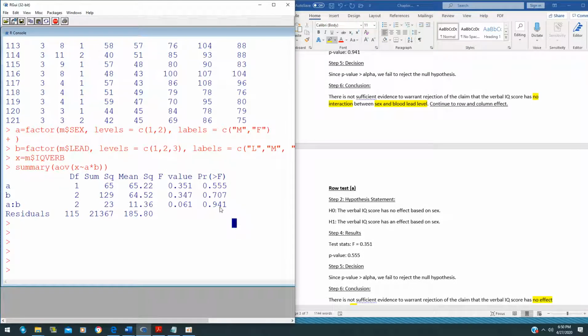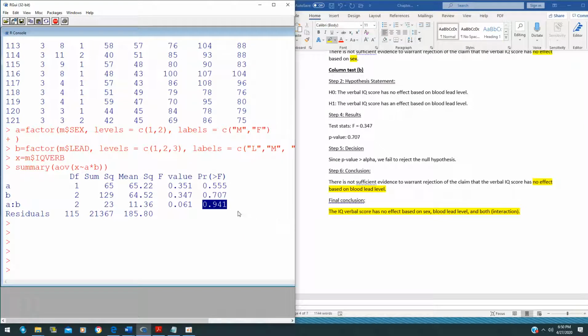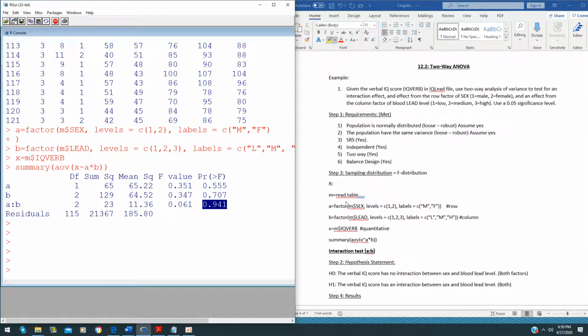Another way we can figure it out is just looking at your test statistic and p-value here. You find out that all these p-values are bigger than 5%, so we can directly conclude that there is no interaction between sex and blood level, and there's no effect based on your blood level. So you can tell directly here. But unfortunately, you have to go through all this testing for your points.